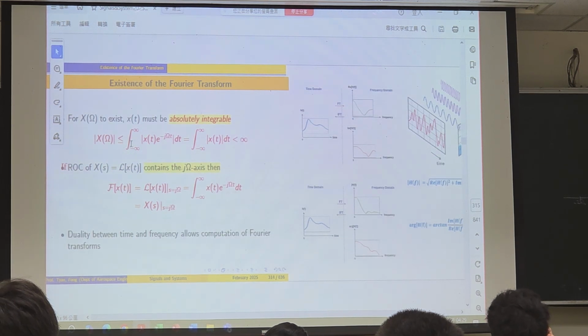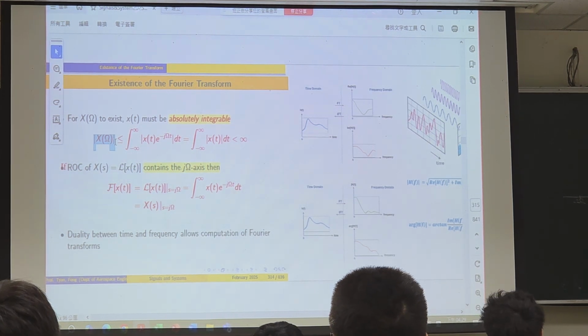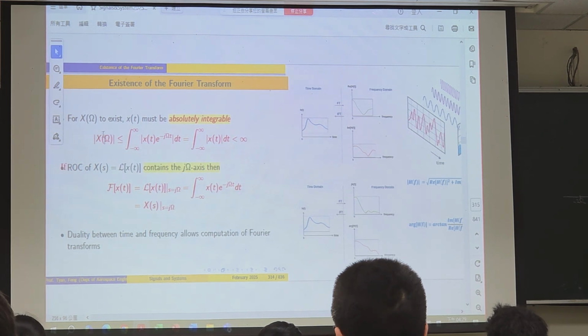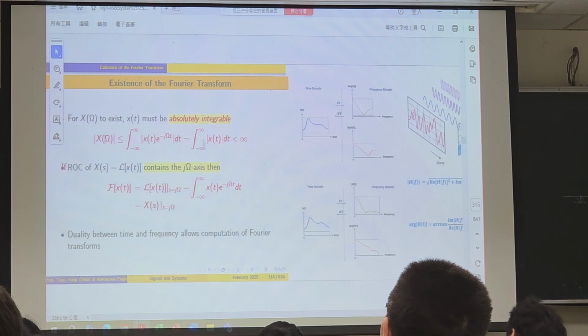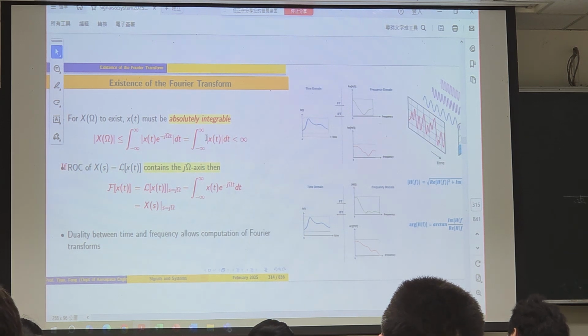So in order to have the Fourier transform response x of omega, if I take the absolute value, that gives us the condition that we need. That means in order to have the Fourier transform, the function must be absolutely integrable.